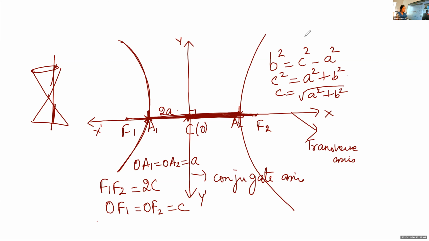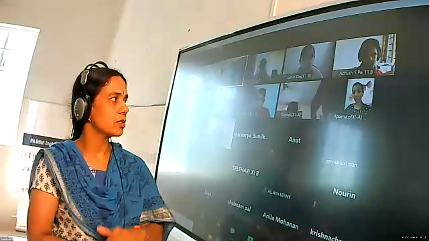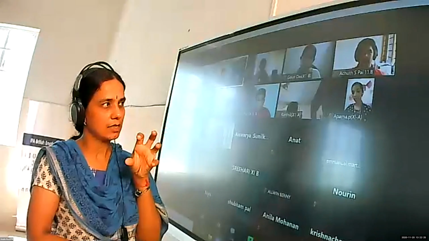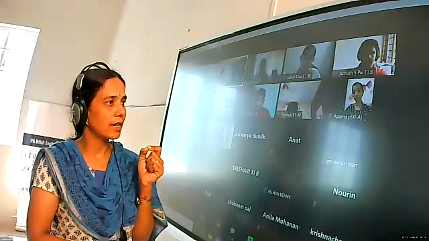What about in ellipse? What is C in ellipse? Root of A square minus B square. In ellipse, C square is equal to A square minus B square. A is the length of the major axis and B is the length of the minor axis.